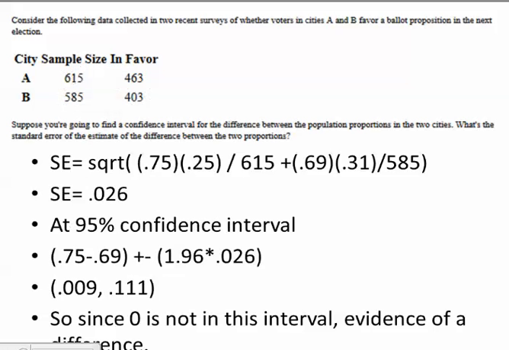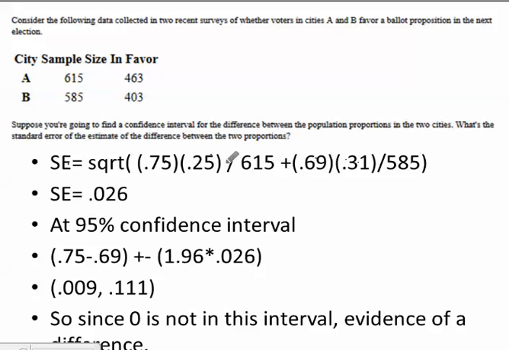So I'm now going to find the standard error. I'm going to take the square root of 0.75 times 0.25, that is p1 hat times 1 minus p1 hat, divided by 615, plus 0.69 times 0.31 divided by 585, again p2 hat times 1 minus p2 hat.